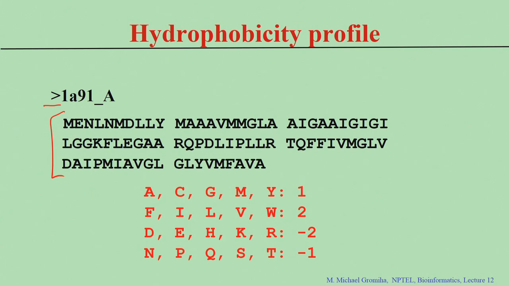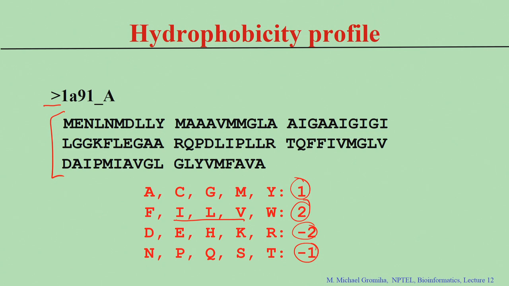For example, for the highly hydrophobic residues like isoleucine, valine, leucine, phenylalanine, I put a value of 2, and less hydrophobic ones I put a value of 1, the polar residues I give minus 1, and the charged residues I give a value of minus 2. So, now we take the amino acid residues versus these hydrophobic indices.